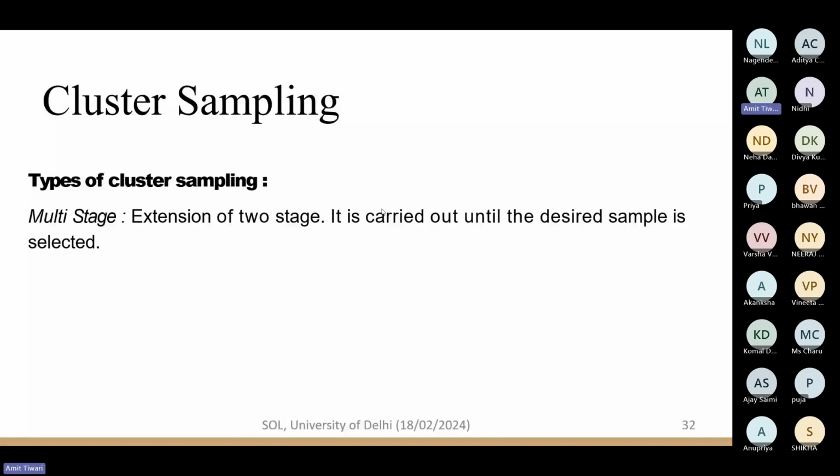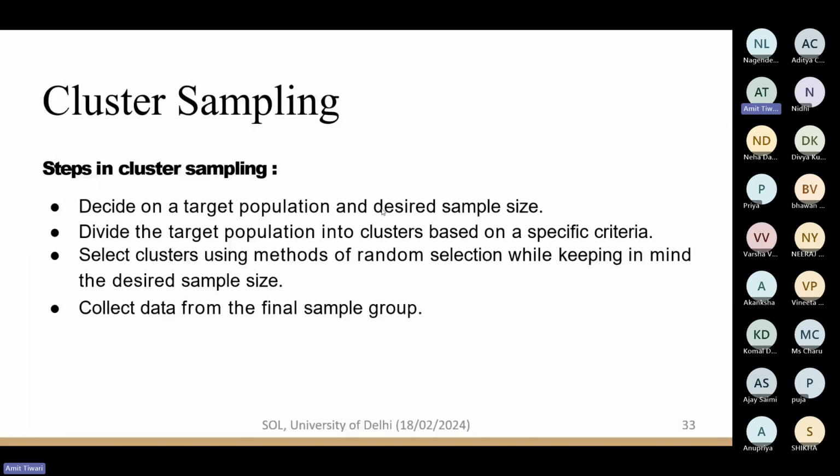Then first of all, in cluster sampling, you have to decide the target population, which is common for every sampling. Then divide the target population into clusters based on certain criteria. You can get this from your problem statement or the purpose of your research. Then select the clusters using random selection, keeping in mind the desired sample size.